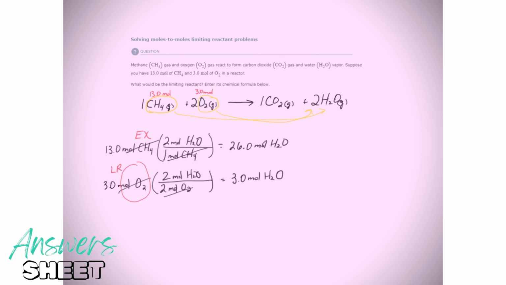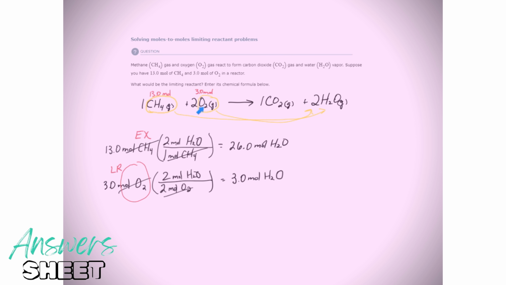So by definition, your limiting reactant is completely consumed in a chemical reaction. What does that mean? Well, in this reaction chamber, where I have 13 moles of this and 3 moles of this, once these mix, the reaction is going to go forward. And what's going to happen is the oxygen is going to run out first. The oxygen is going to run out once I have formed 3 moles of water.